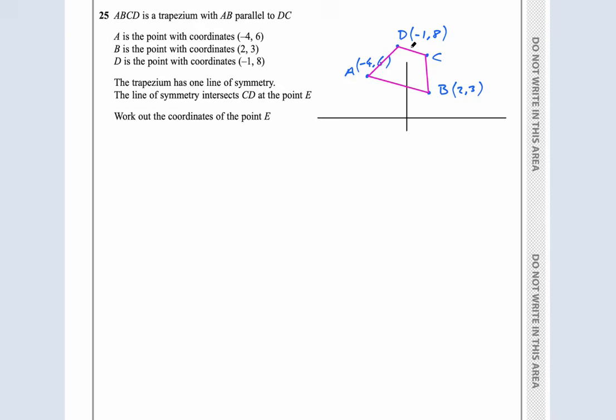So the line of symmetry is going from the middle down through here. Obviously my drawing is not perfect, but you get the point. So there's one line of symmetry. The line of symmetry intersects CD at point E. So this here is point E. Work out the coordinates of point E. Okay.